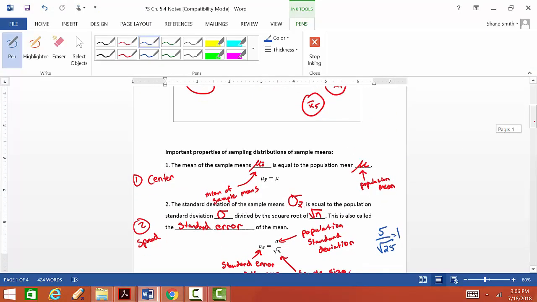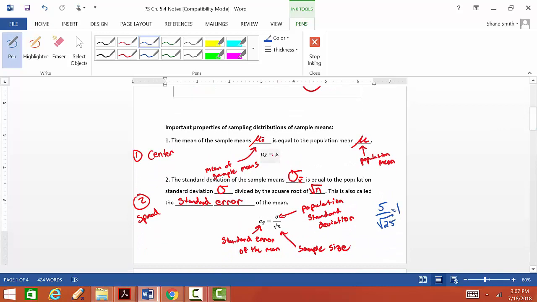All right, so basically to summarize, there's 3 things that you should take away from the central limit theorem. One, the center of the sampling distribution compared to the original population doesn't change, right? No change. Okay? The spread decreases as n increases.